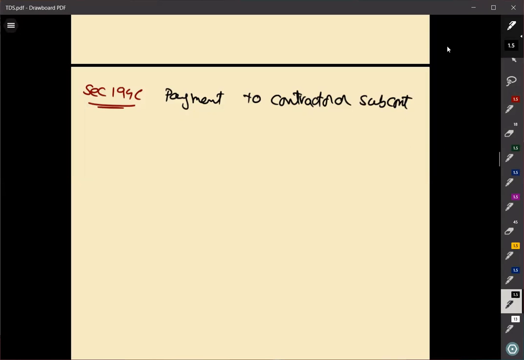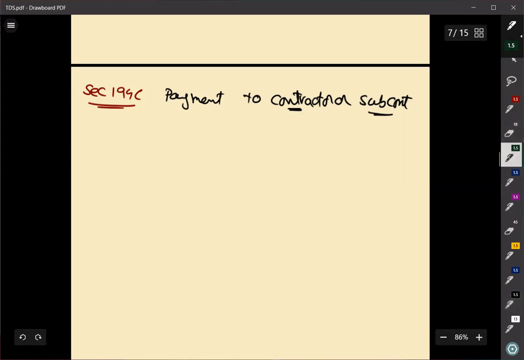Say there is some festival or some function which is happening. So generally what I will do, I will give the contract to the food caterer. So ultimately the food caterer is a contractor. Now what I am doing, I am making payment to the food caterer. So now ultimately the application of section 194C will be there. Whenever any payment is made to a person who is called a contractor or a subcontractor, then 194C is going to be applicable.